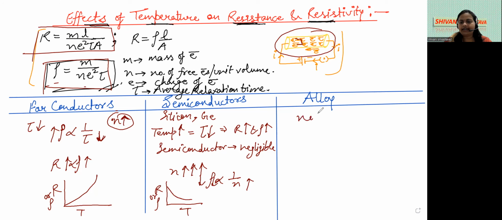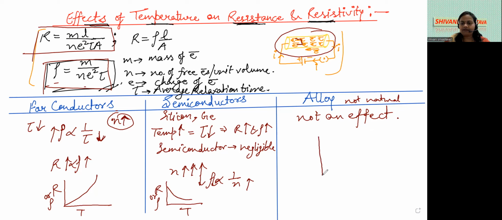Now for alloys, what will happen? There will not be any effect. Why not? Because alloys are not natural, they are man-made things. So nothing will change here.